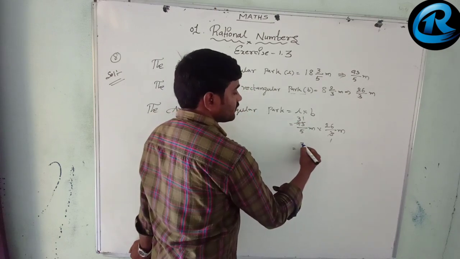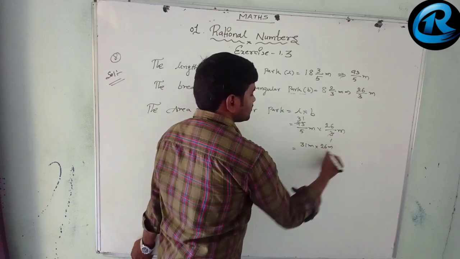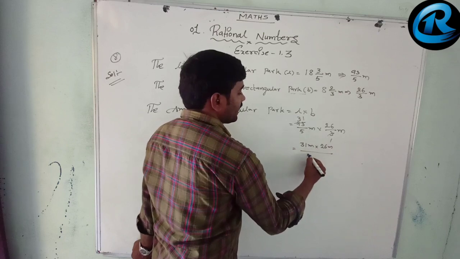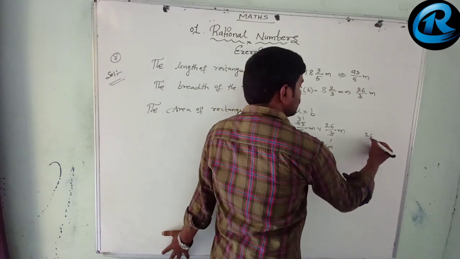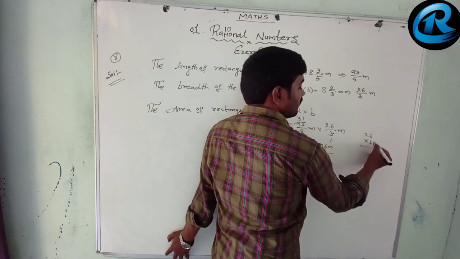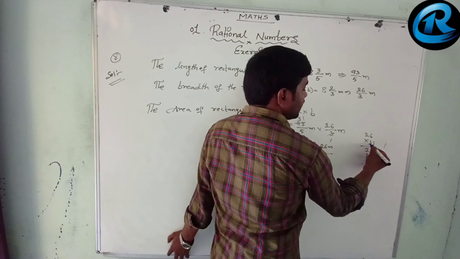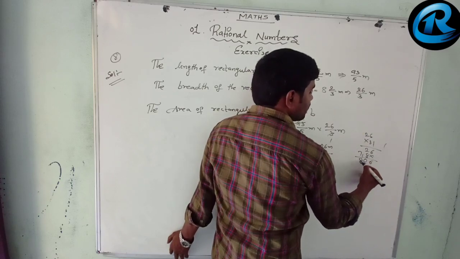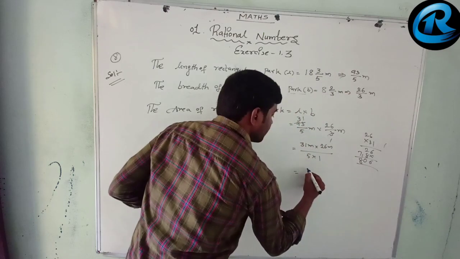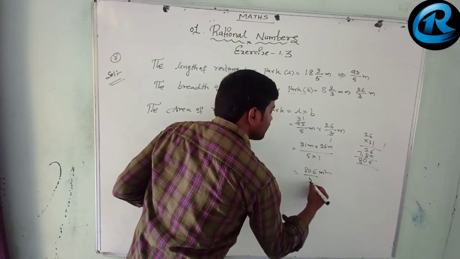So we get here 31 meters into 26 meters by 5 into 1. So let us multiply 26 into 31. 1 into 26, 26, 3 into 6, 18, 1 carry, 3 2s are 6 plus 1, 7. So 806 by 5 meter square.